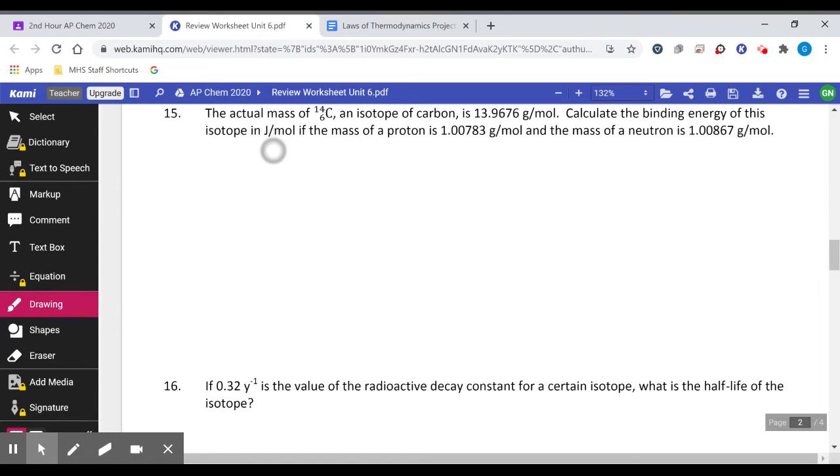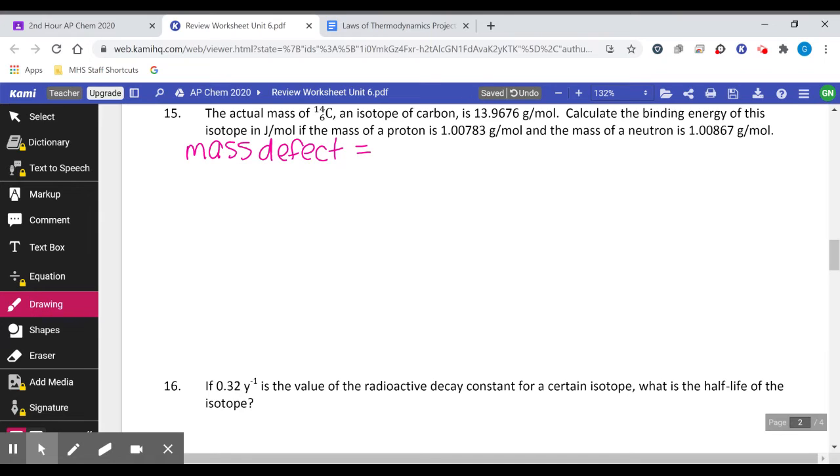To calculate binding energy, I can't just jump in and do that. I'm going to have to determine that mass defect first. Our mass defect, or mass deficiency, is going to be negative, we know that.